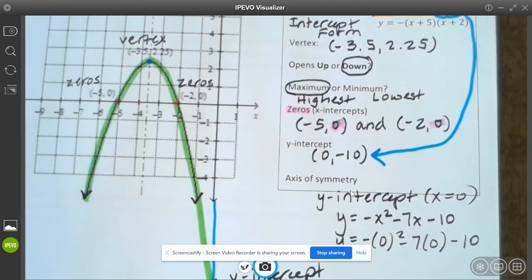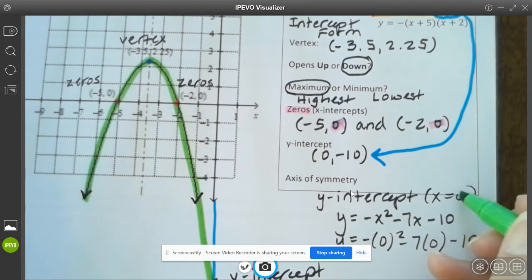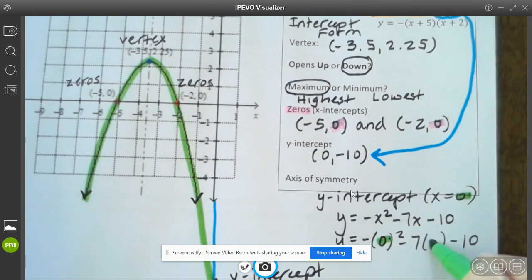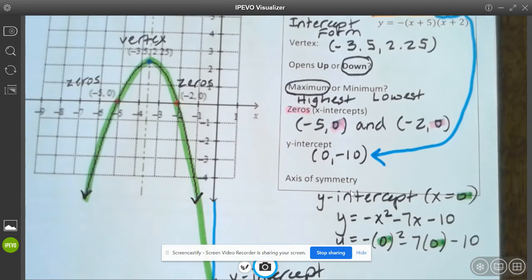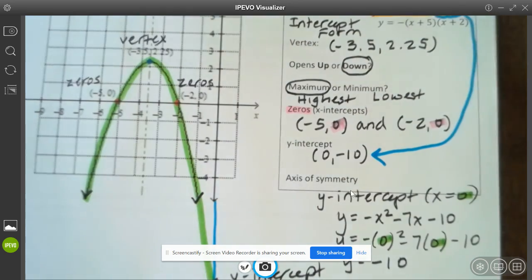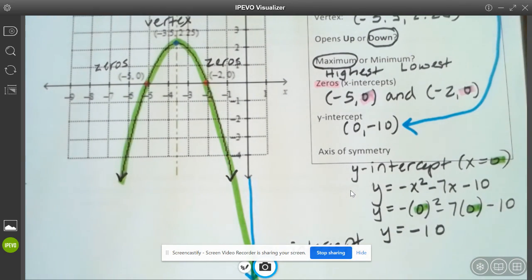And all I did here was substitute 0 for x in both places. And if you do the math, 0 squared is 0. -7 times 0 is 0, so all that's left is -10. So that's how you can figure out the y-intercept algebraically.